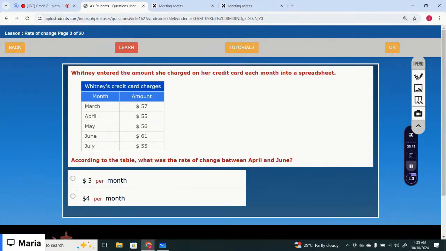Whitney entered the amount she charged on her credit card each month into a spreadsheet. According to the table, what was the rate of change between April and June?